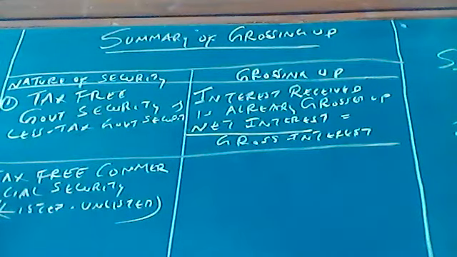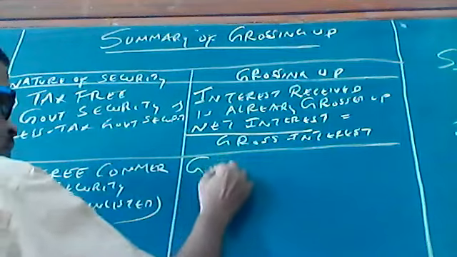Is it tax-free or less tax? It may be both. What you have to do is, for tax-free commercial security, which means private security, you have to find out the gross value. How to find out the gross value?